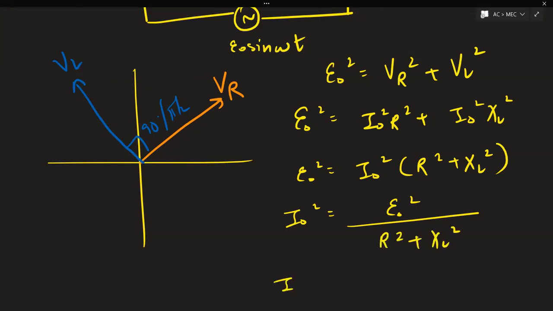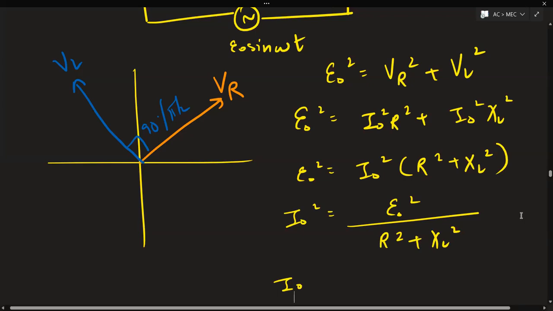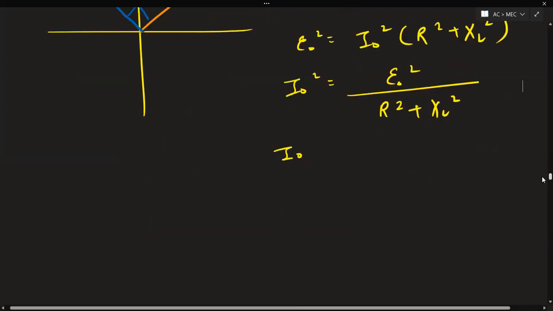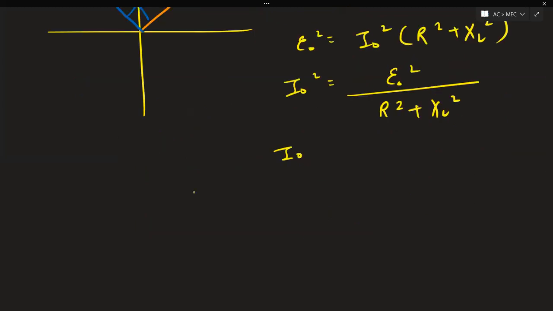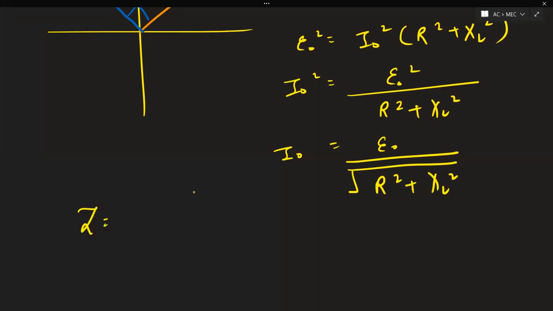Writing the value of I naught, taking the root, you will be left with E naught divided by under root R square plus XL square. This is the impedance, just R square plus X square under root.